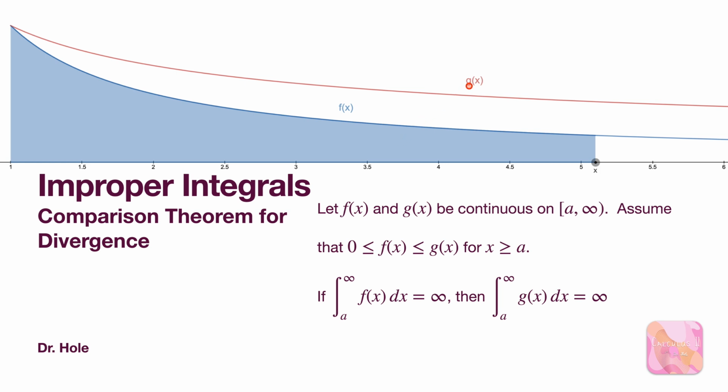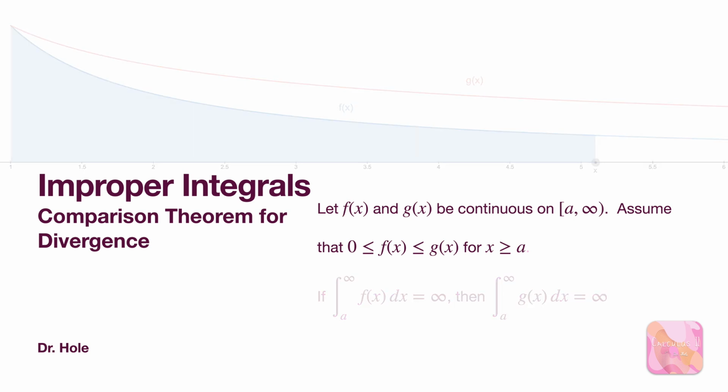Therefore, the area under the G, which is always bigger, will also tend out towards infinity. So that's the first of two statements that we can make. If we focus on the small, and the small tends to add up to be infinitely large, that's going to imply that the larger is also blowing up.